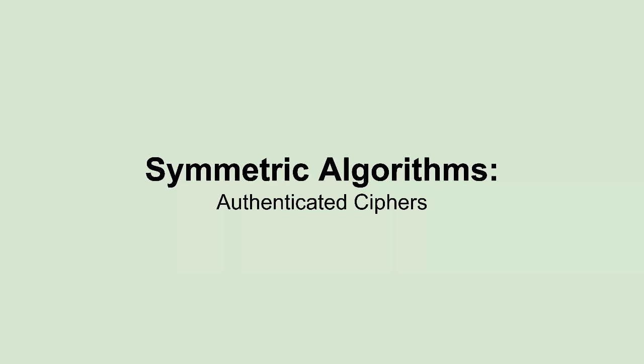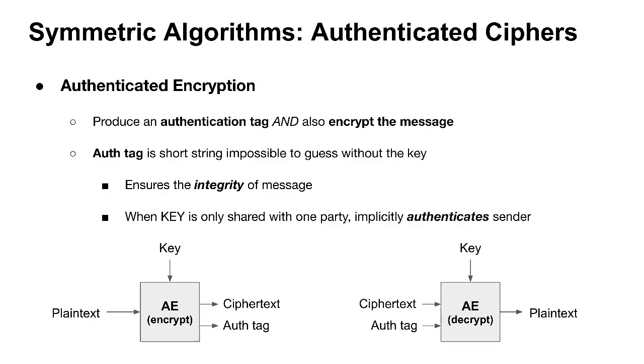The next category of symmetric algorithms is authenticated ciphers. An authenticated encryption produces an authentication tag and also encrypts the message. We saw the authentication tag show up earlier when we were talking about MACs. The authentication tag is a short string that should be impossible to guess without the key.